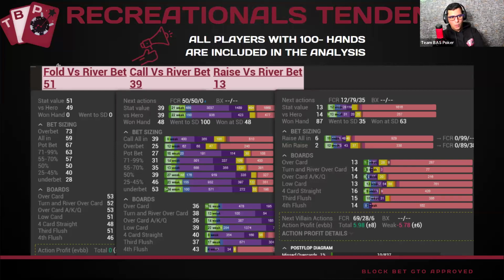They did fold 51%, they did call 39%, and they did raise versus river bet 13%. Of course, we will focus on this part here. That is very, very important and will be a game changer for us in our strategy, because actually this is the part that everyone is afraid of.